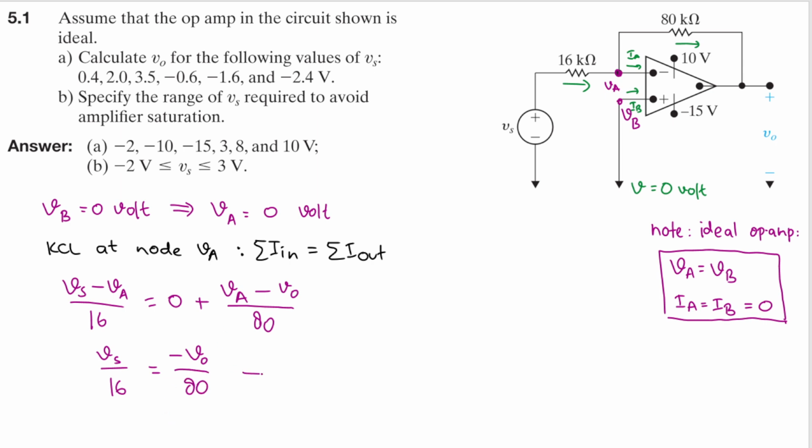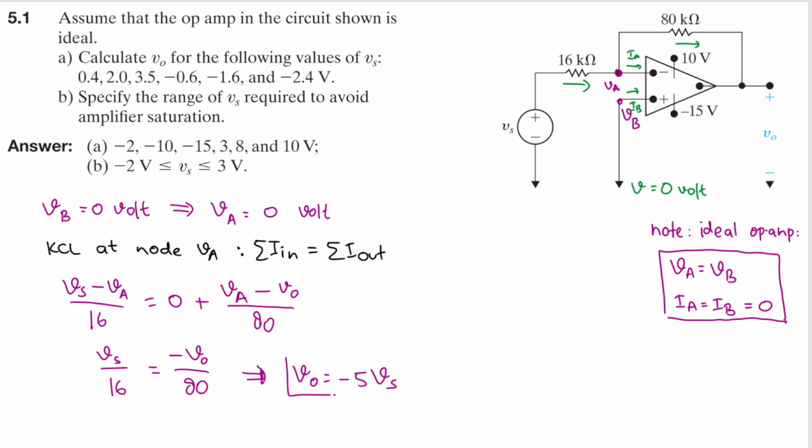Okay, so now we can rewrite this as V0 is equal to minus Vs times 80 divided by 16. I think we will have minus 5 Vs.